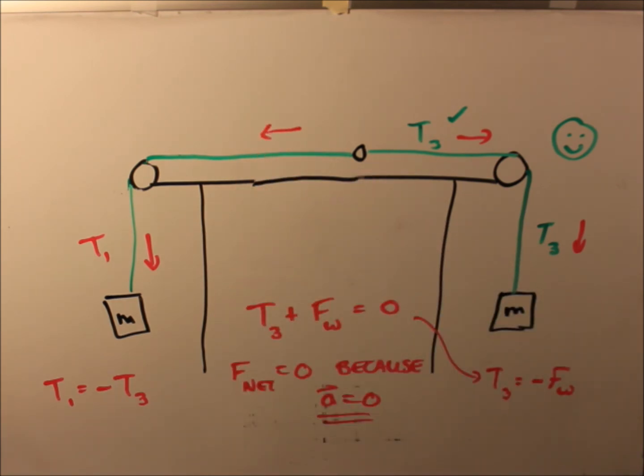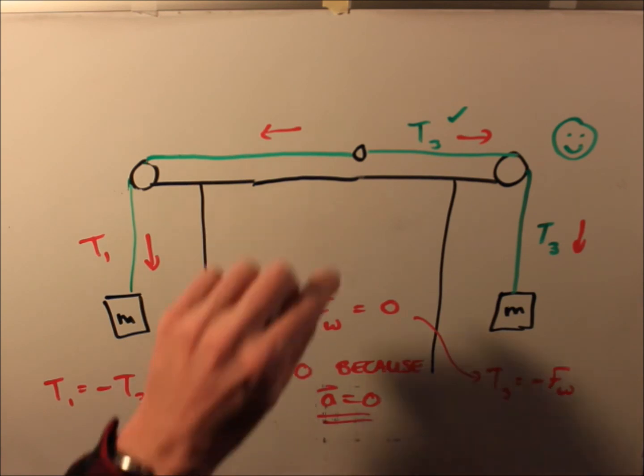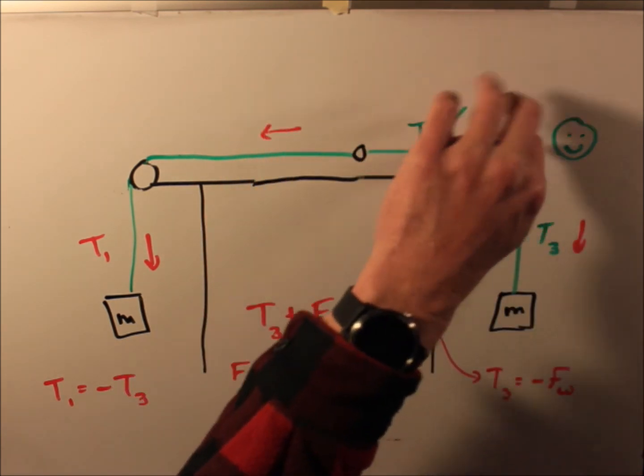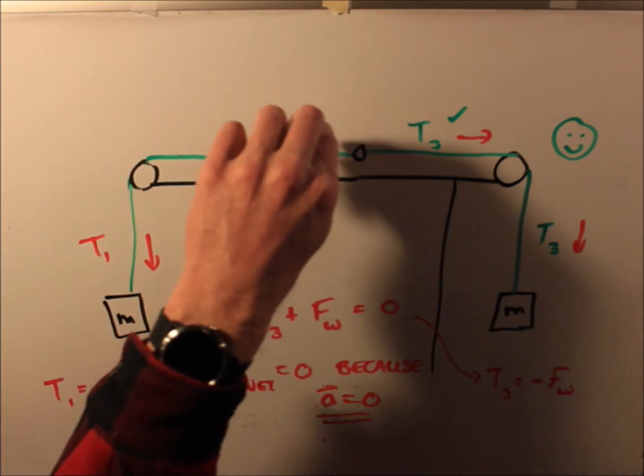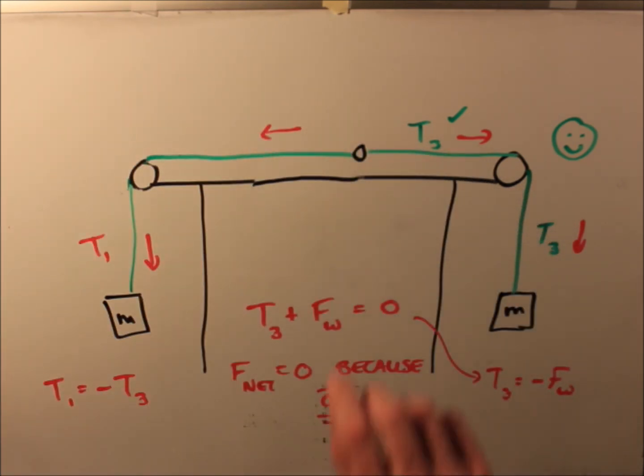So what's happening here is the net force is 0, in that there's no acceleration. But from the ring forward, we have a force acting this way, and from the ring this way, we have a force acting this way. Now, of course, we can make the ring vanishingly small.